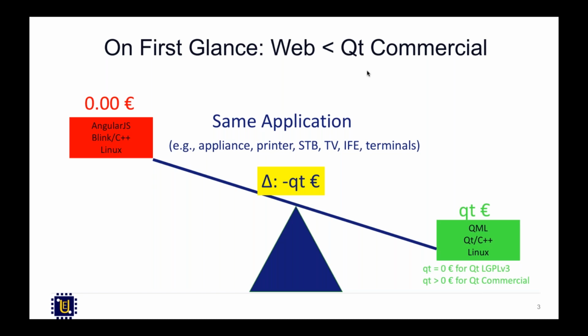If you build the application with Qt, you have to pay a certain amount of euros per device. The sales trolls will be happy to tell you how much exactly, but it's a couple of euros. So if it were Qt under LGPL, the scales would be balanced because it would be €0 there as well. So it doesn't look really good for Qt, at least on a first glance.